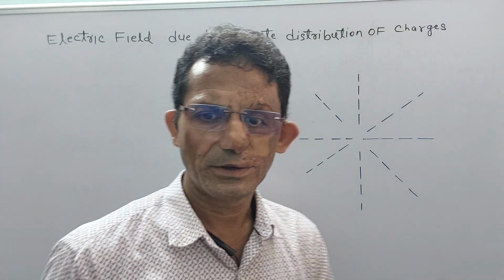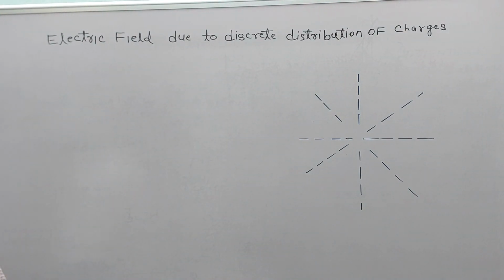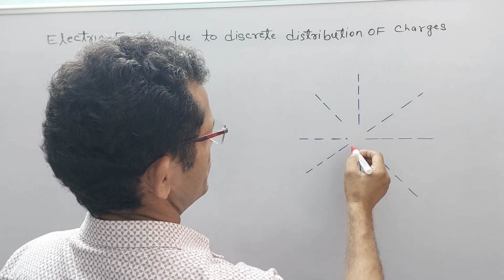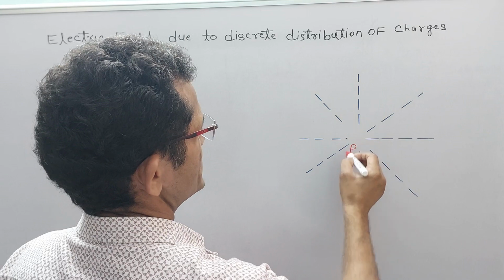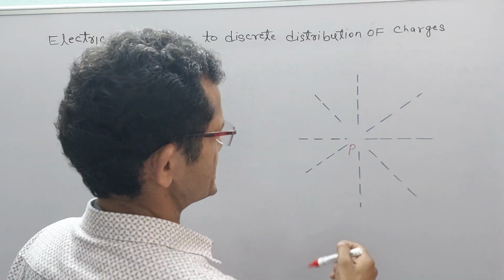Now, the electric field due to a discrete charge distribution at some point. Let us suppose P is the point where we have to find the electric field due to discrete charges.